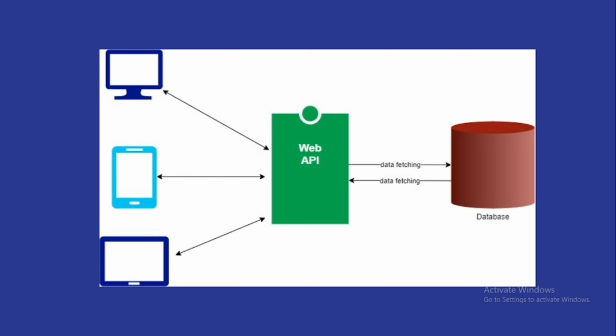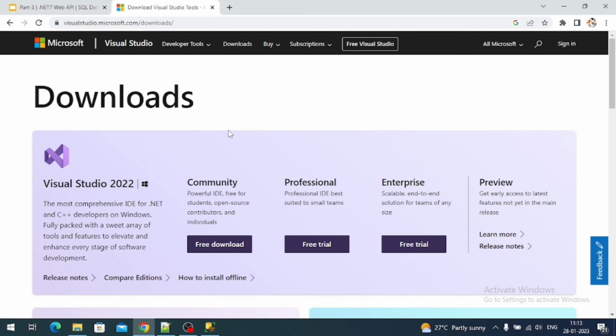So let's create a sample .NET 7 application. First thing is to develop any .NET application, we need an IDE, integrated development environment. So the first recommended IDE is Visual Studio.